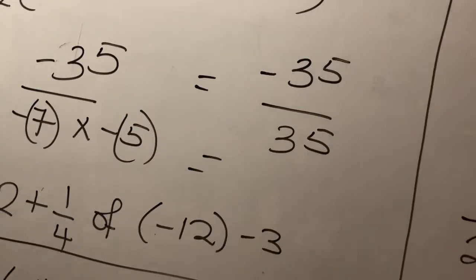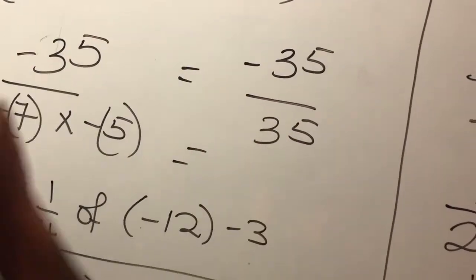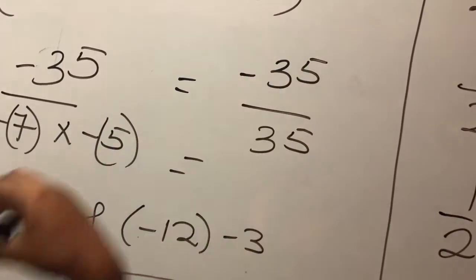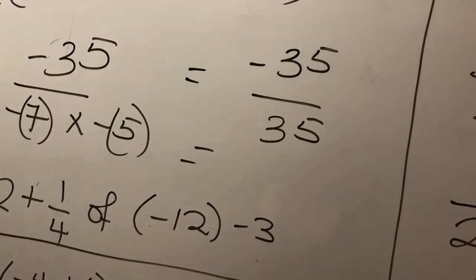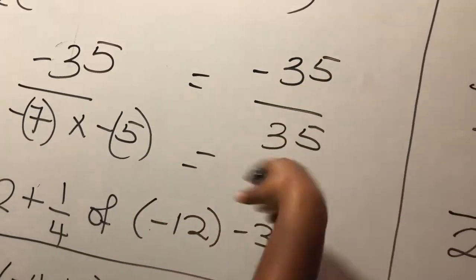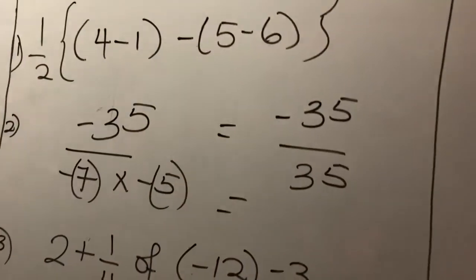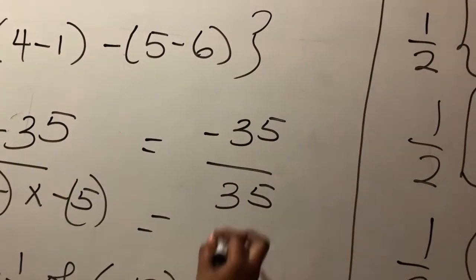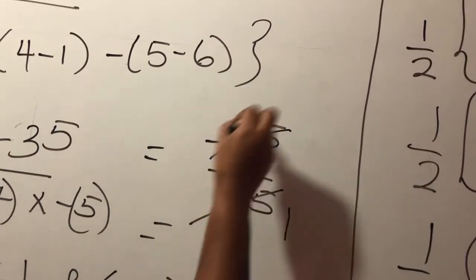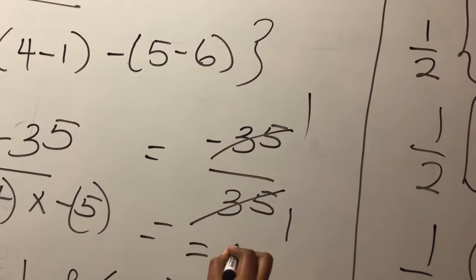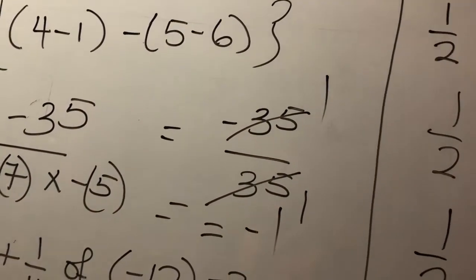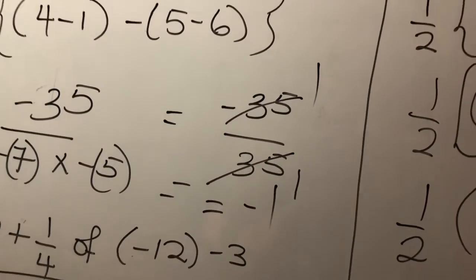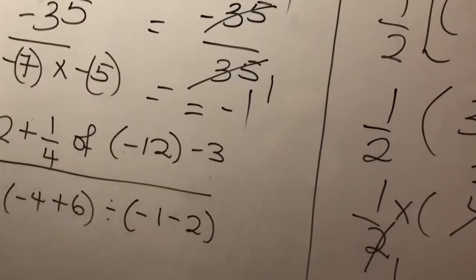Now, I told you, when you see that there is only one negative sign in the operation they are asking you to do, that means your final answer must be negative, because you have one negative here. So 35 goes into itself 1, and 35 goes here 1. So your final answer is what? Negative 1.